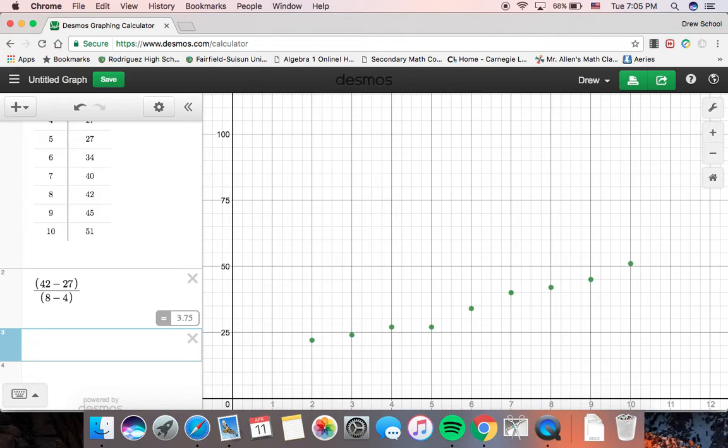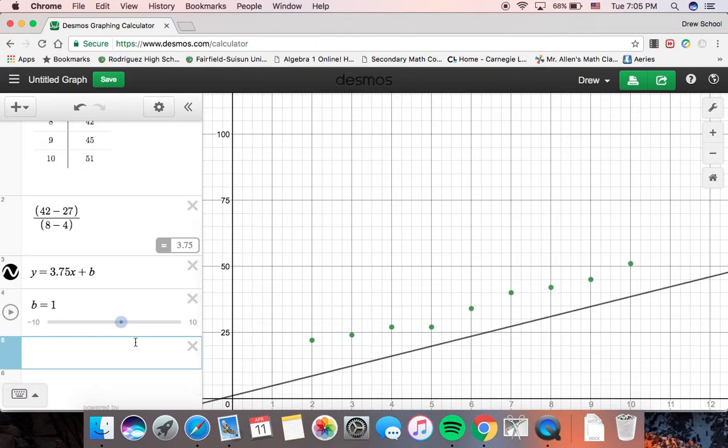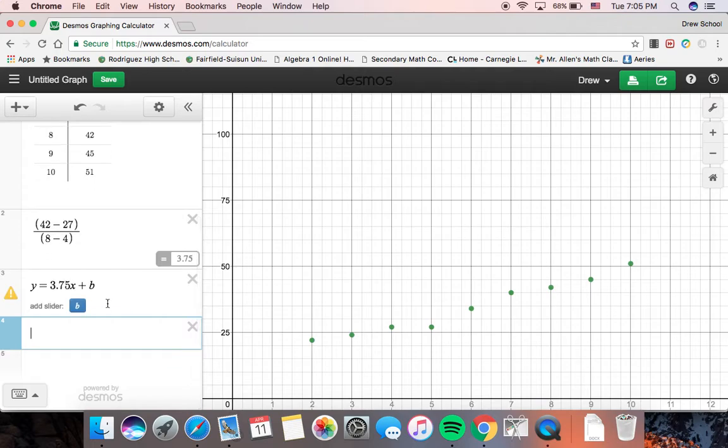So now if you remember, our equation is y equals mx plus b. Well, we know our slope is 3.75, and we now have to find out what our equation is. So we're going to choose one of these 2 points to plug in, either this for our y and this for our x, or this for the y and this for the x.